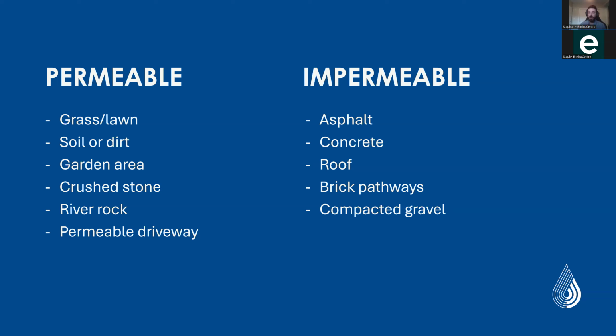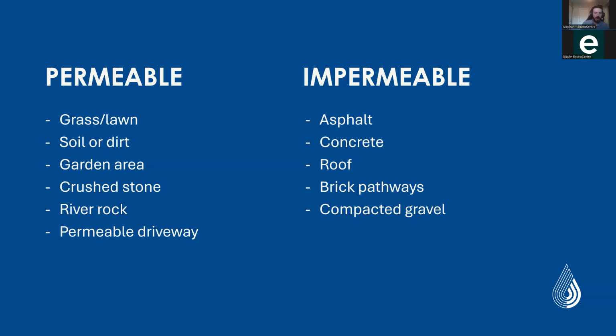And same thing with gravel. Gravel is permeable, like if you have it in your backyard or something along those lines, it's going to be very permeable. But people with gravel driveways will know after years and years of being compressed and compacted, it does eventually become less and less permeable. So just something to keep in mind. Most people probably won't run into that, but good to know.